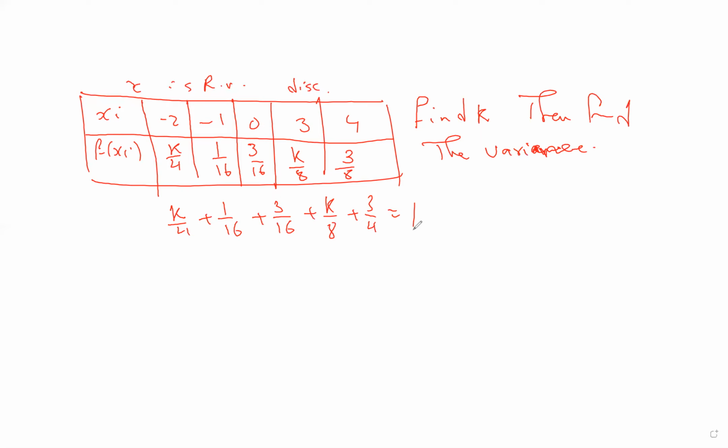From this one, k over 4 plus k over 8 is 3 over 8 k, which equals 1 minus 5 over 8, which is 3 over 8. Then k will be 1.